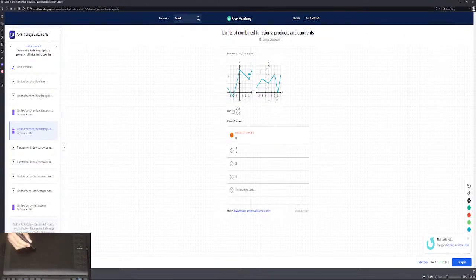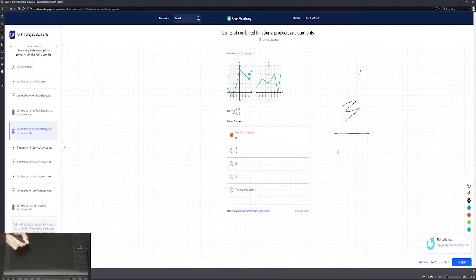Oh, you can't divide when finding a limit. You can't divide a non-zero number by 0, or else the limit doesn't exist.